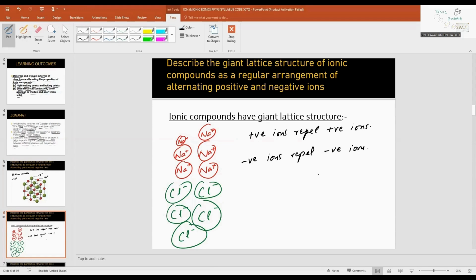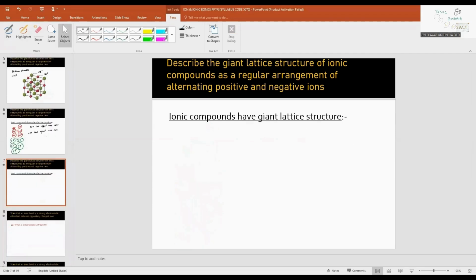In other words, same charge ions repel each other. At the same time, positive ions are attracted to the negative ions and vice versa. Cl- ion, and positive ion, and positive ion, Cl-, Cl-.